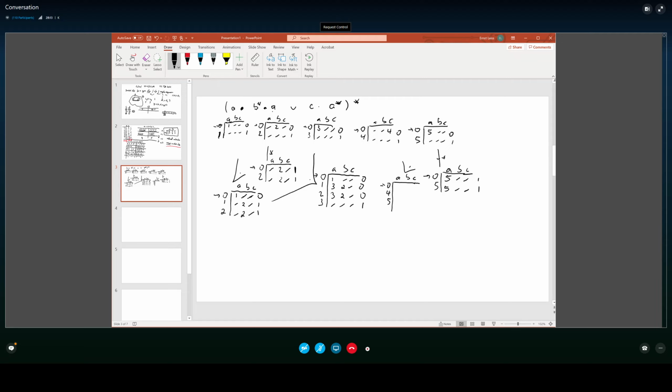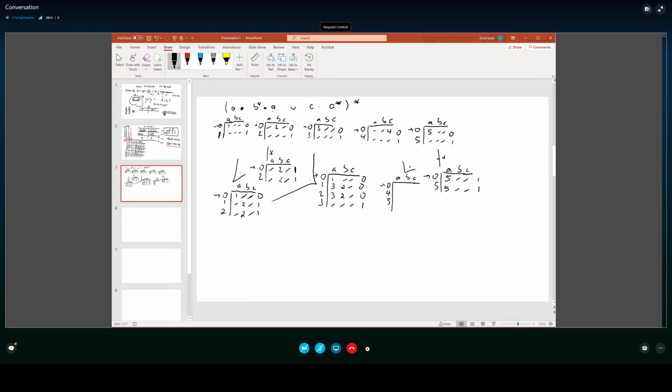So this gives me 0, 1, 2, 3, 4, 5 and A, B, C. And this is the union, so the only place where there is a union to be carried out of rows is for the initial state, so we take 1, nothing, nothing, union, nothing, nothing, 4, which is 1, nothing, 4.